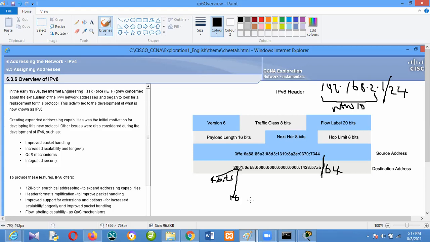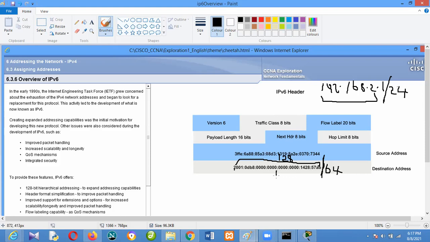So how then do you have 64 bits? 64 bits can run from here, the half of it, since everything from here to here is 128 bits. So 64 bits belongs to the network. That means half of it, 1, 2, 3, 4.